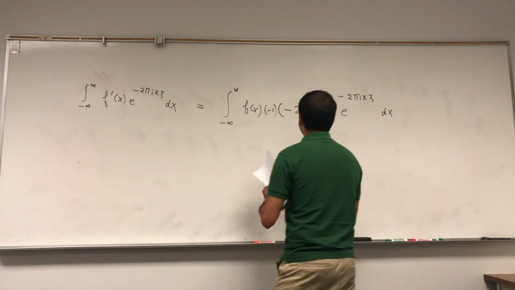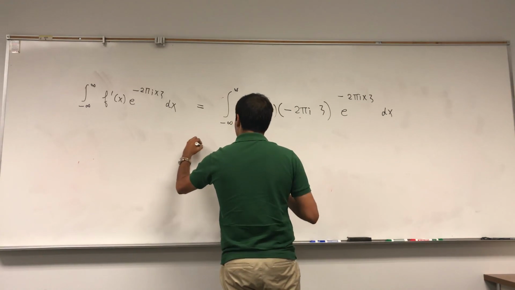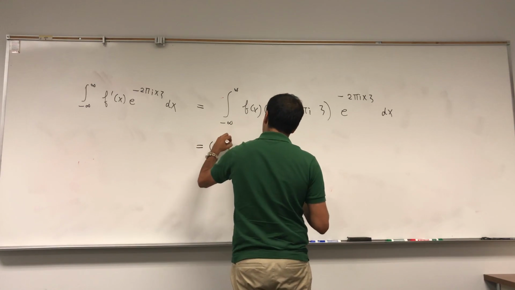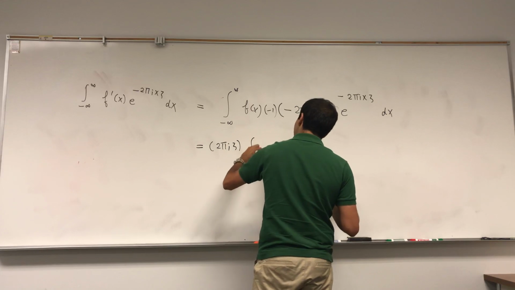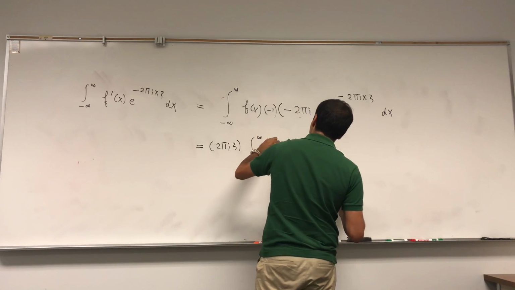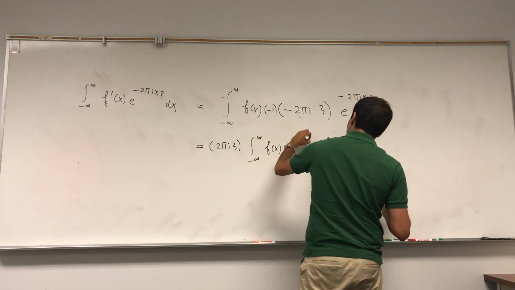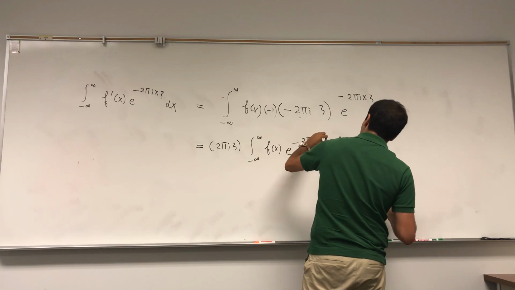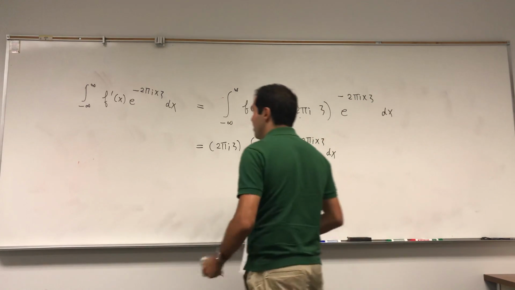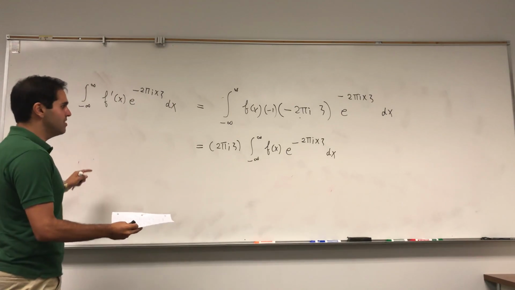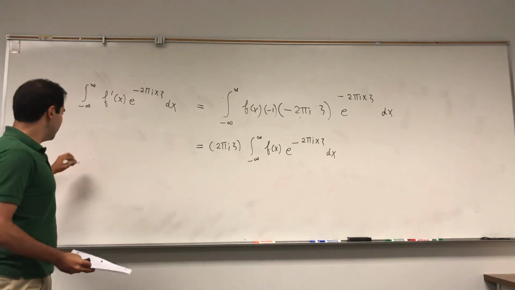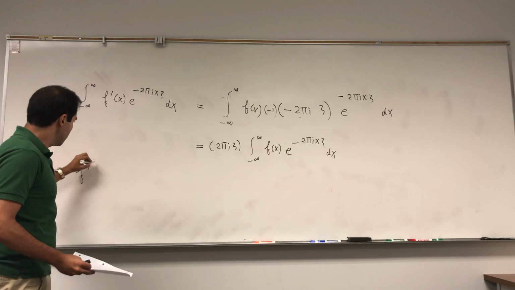Pretty long appendix, but it's okay. 2 pi i xi times the integral from minus infinity to infinity of f of x, e to the minus 2 pi i x xi dx. Now, let's just analyze this. This becomes the Fourier transform of f prime.